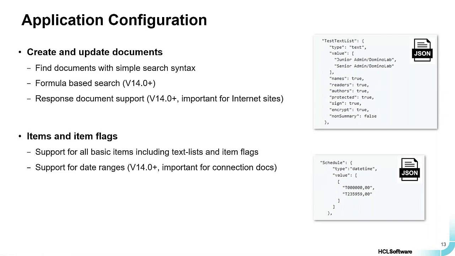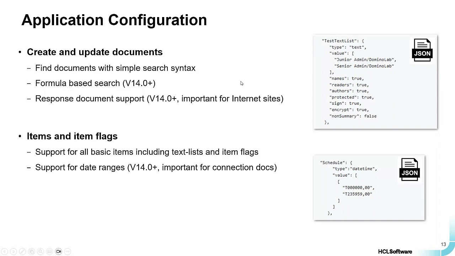You will see examples later on with more details, and you can look them up later on. So in here, we're looking into the basic principles, right? And you don't need to remember all the details right now. But you see that some of this is really evolving over time. So in Domino 14, we have the formula search based, for example, new.